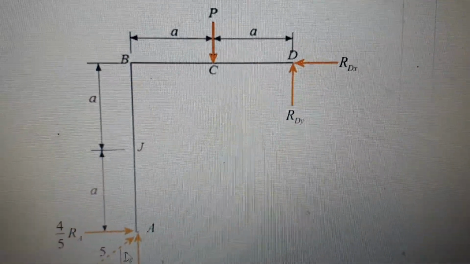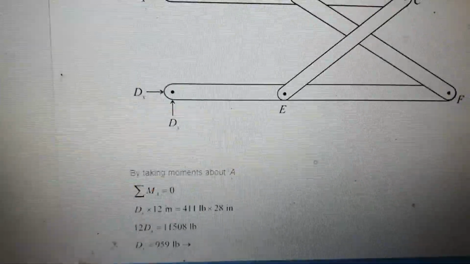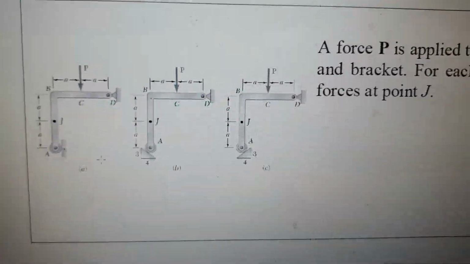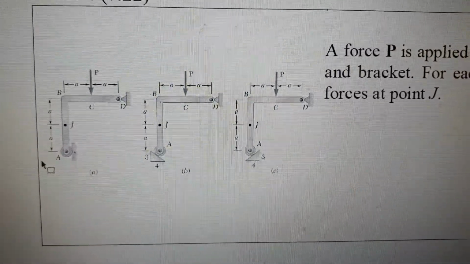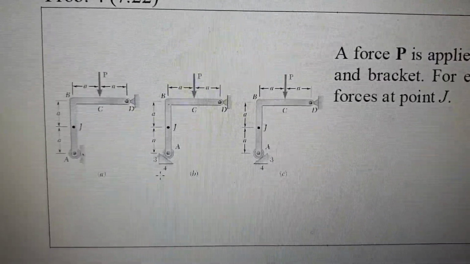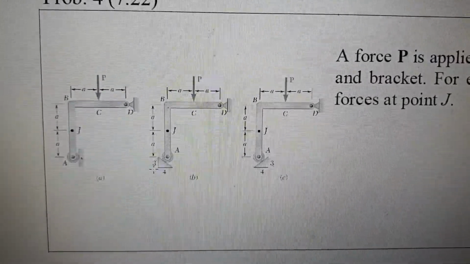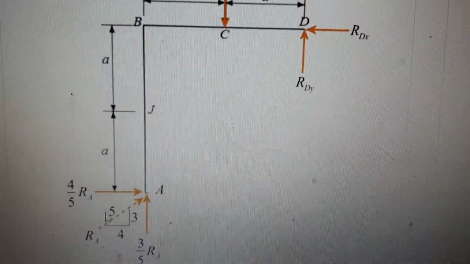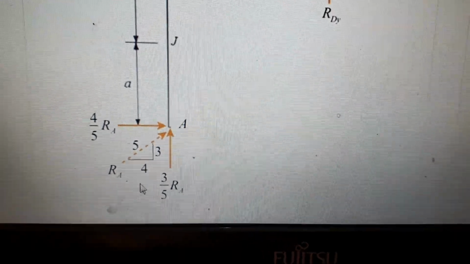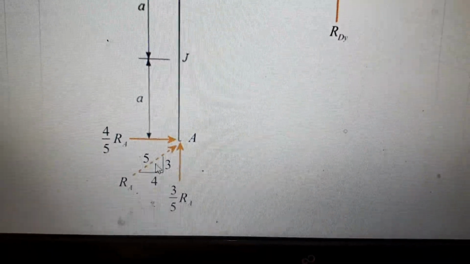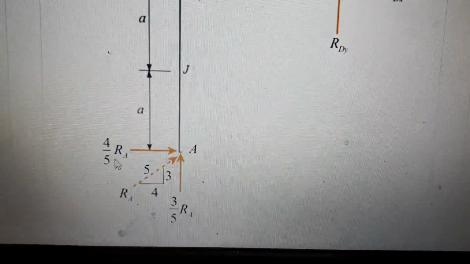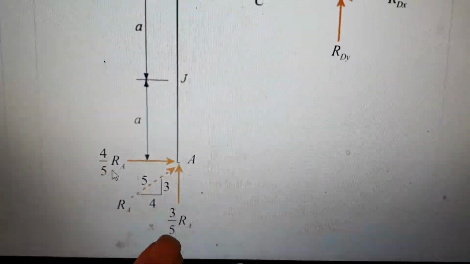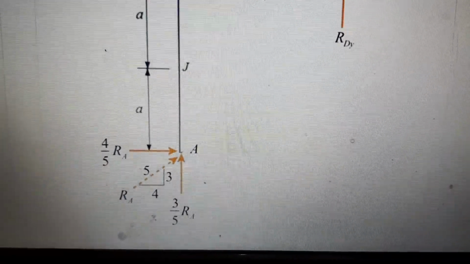So you have the 3, 4, and 5, because of 3 squared plus 4 squared, all in the square root. You could find out the angles. That's going to give you 4 over 5 RA in the x-axis, and here 3 over 5 RA.